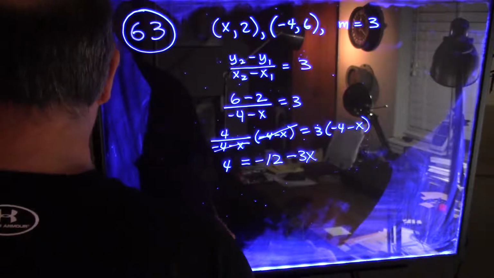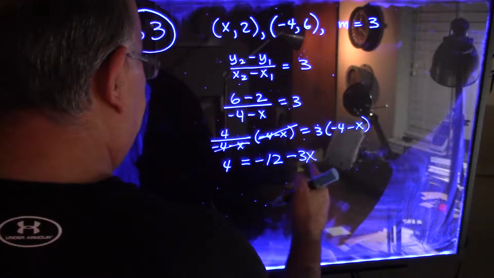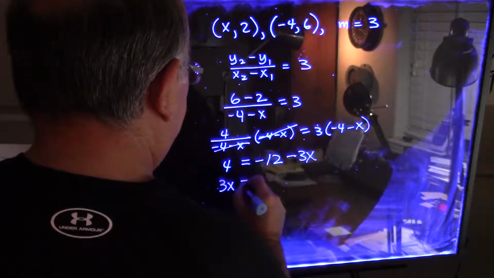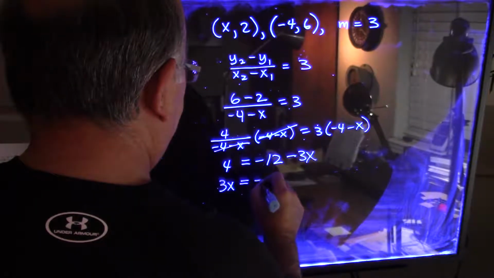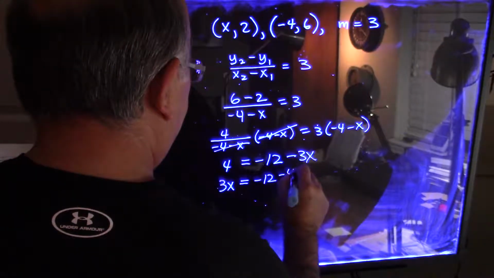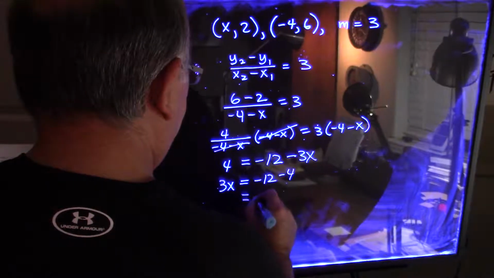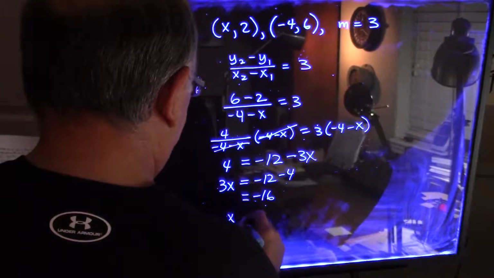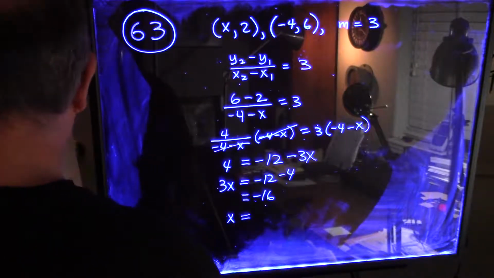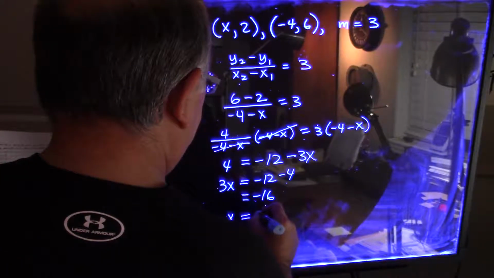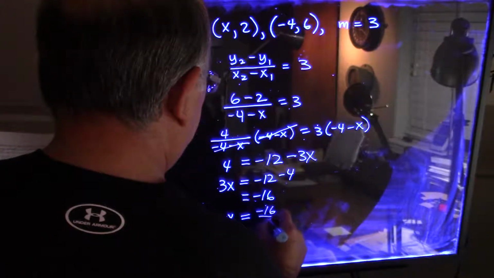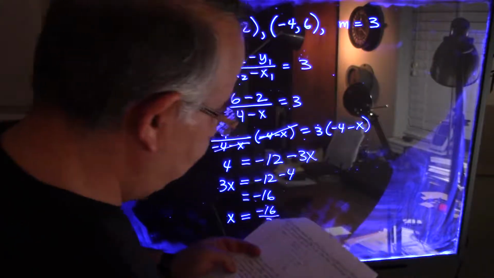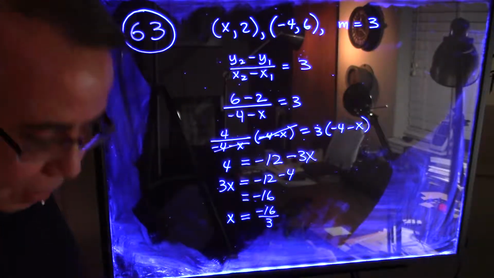Alright, so you can move this to this side. 3x is equal to -12 minus 4, or -16. So x, divide both sides by 3, x is equal to -16 thirds. Alright. So that takes care of the x.